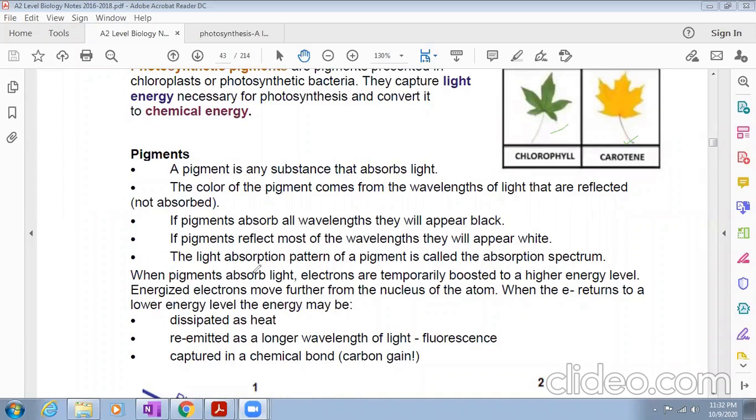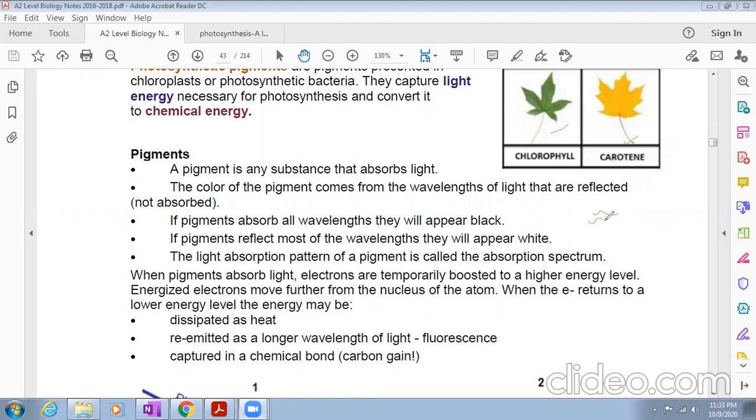When pigments absorb light, electrons are temporarily boosted to a higher energy level. Energized electrons move further from the nucleus of the atom, right? And that will lose energy.